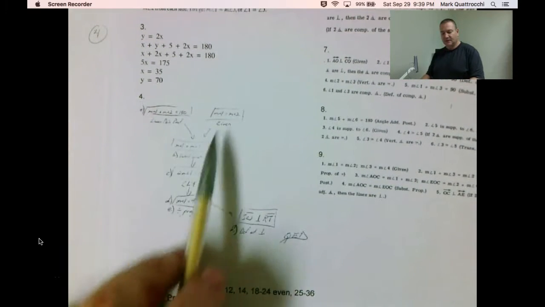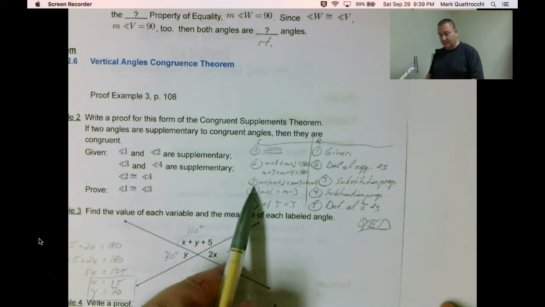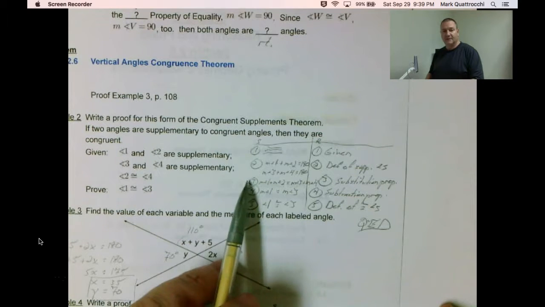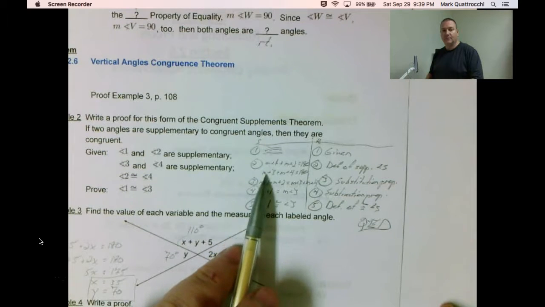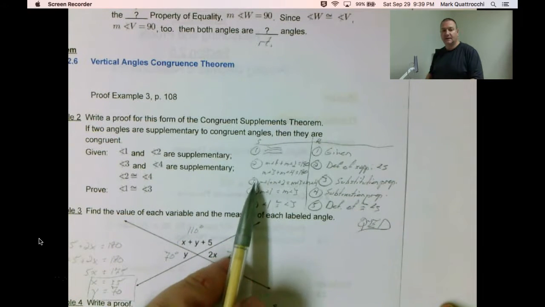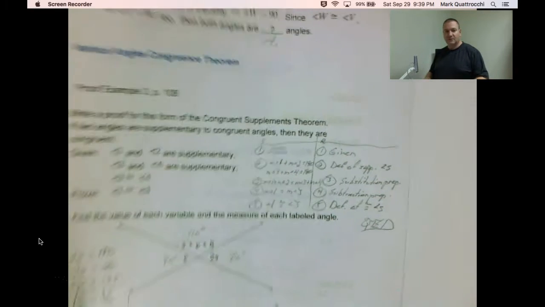So it tells the story, whereas in a 2-column proof like this, I know where statement 3 came from, but the reader might not know. They have to decipher where statement 3 comes from. Statement 3 came from statement 2 being combined to give us statement 3 here, but there's no physical connection as there is in a flow proof.